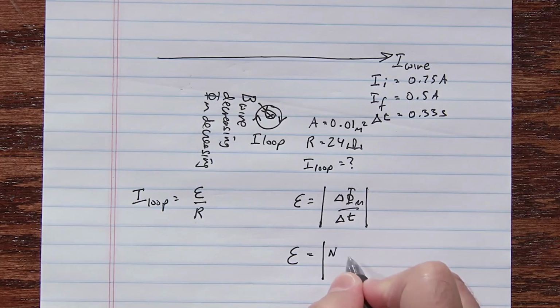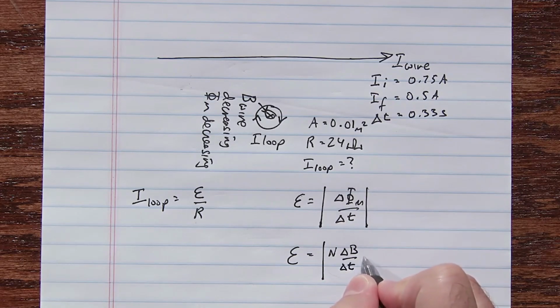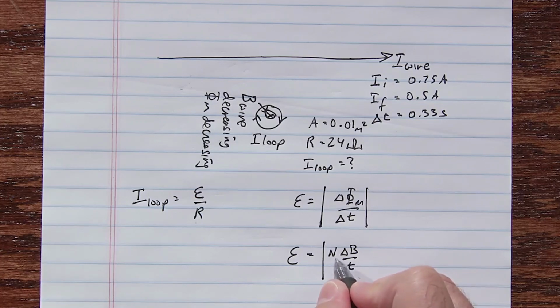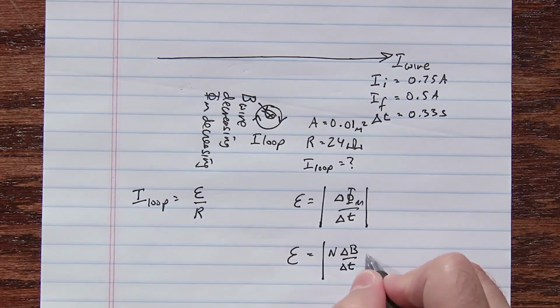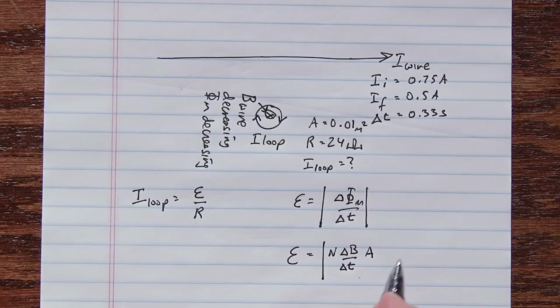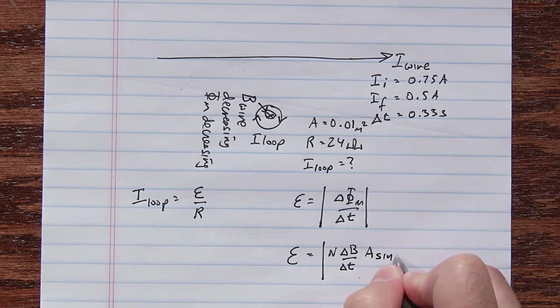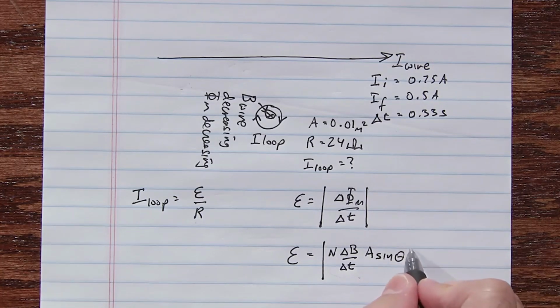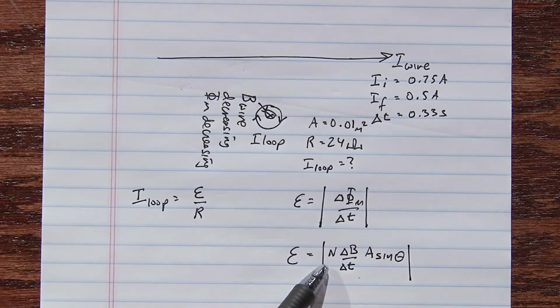It is N times delta B over delta t, so N B A, the area of the loop is not changing, times the sine of the angle between the magnetic field and the plane of the loop. N is 1. Change in B, we're going to have to figure out. Change in time, we know.